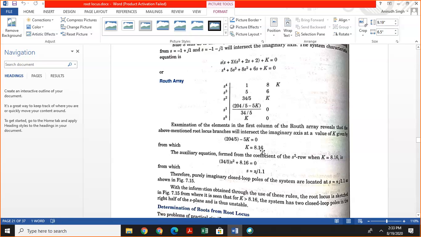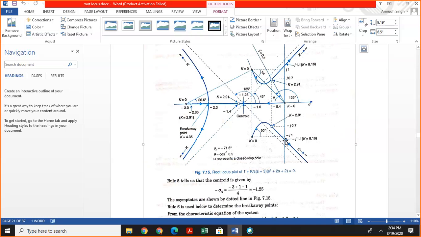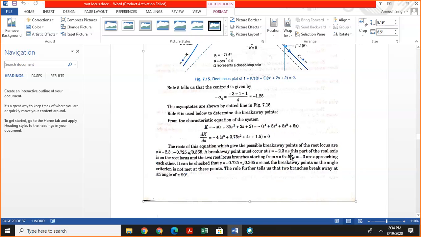This is the marginal value of k, 8.16. Marginal value of k means that at this point the value of k is 8.16. At this point, the value of k is 0, and along this root locus the value of k increases, and at this point the value of k is 8.16, and beyond it the value of k is greater than 8.16.